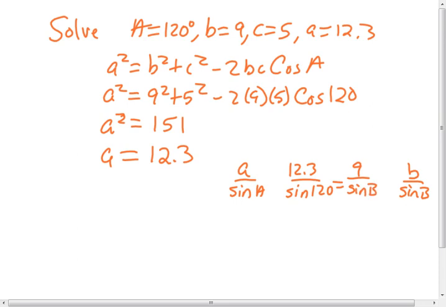And what we have to do is solve this for B. So we can cross multiply and then divide. When we cross multiply this, we have 12.3 sine of B is equal to 9 sine of 120, and then we have to divide by 12.3.